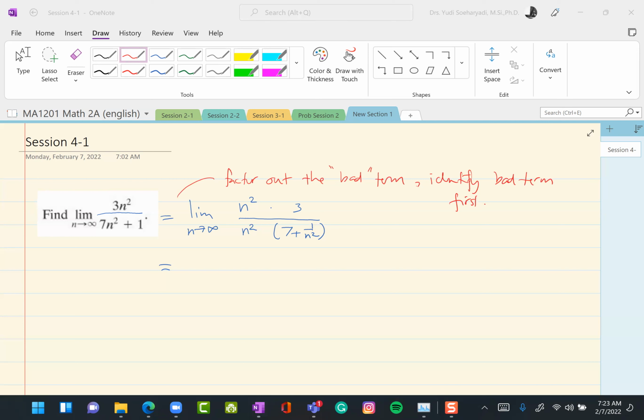Now with this trick, factor out those terms, then you just cancel. So what's left is just constant 3, constant 7, and you have this one. But this is 1 over large, so this is small, it's going to 0. So you're left with just 3 over 7.